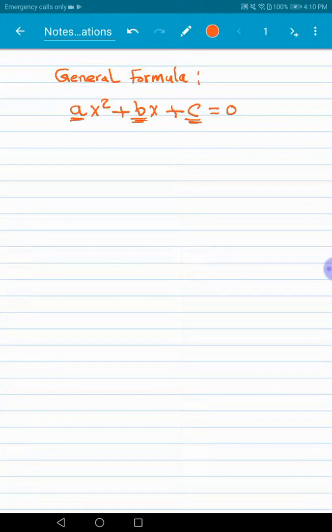Now, A is called the leading coefficient. So the number that comes before x squared, the leading coefficient, is a number that leads the equation.